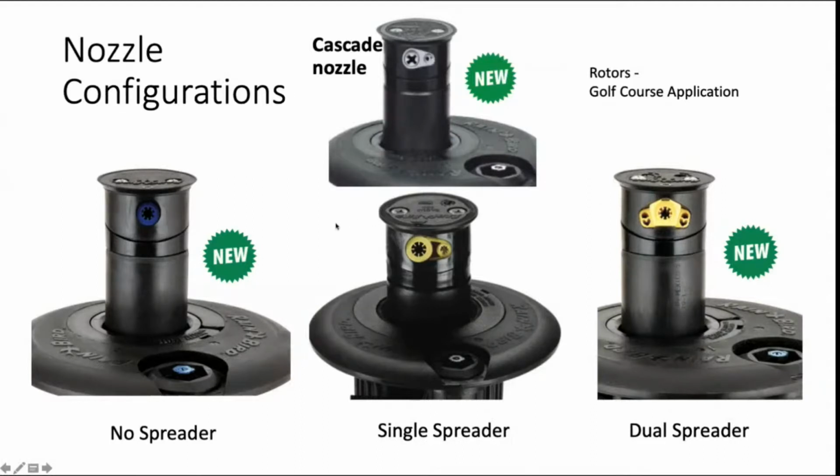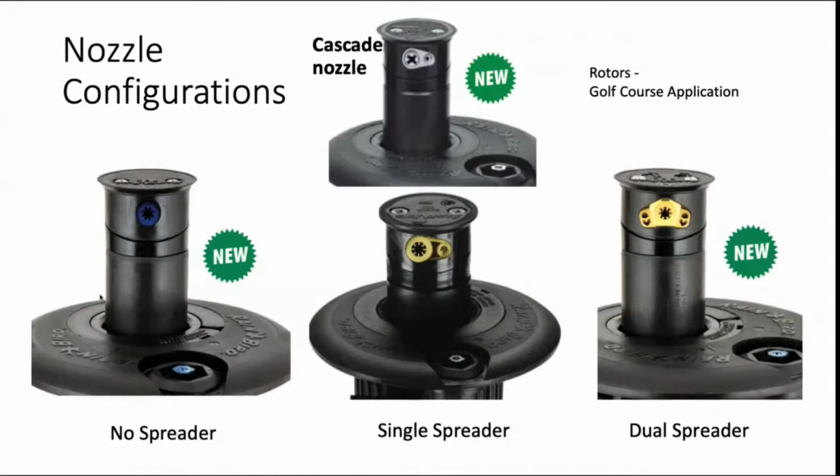So when you're selecting golf course nozzles, or doing an audit, or looking at them to find the correct chart, it's going to be a little bit tricky to make sure you get the right chart. Now, a lot of these nozzles and names are a bit of marketing, I would say, and it doesn't mean they're going to be better, but they're different configurations.